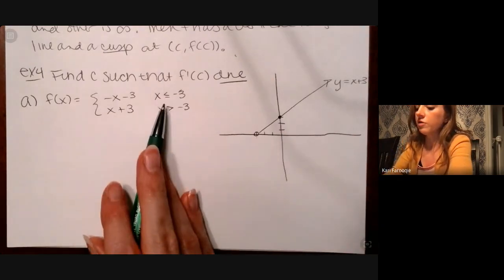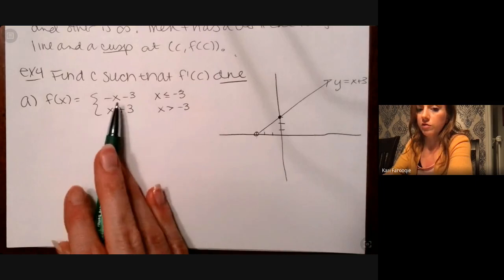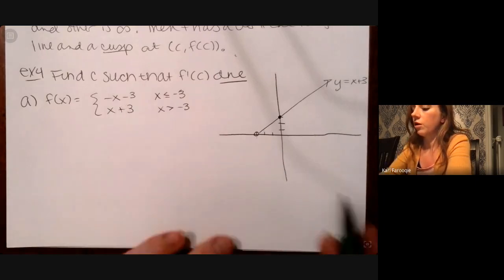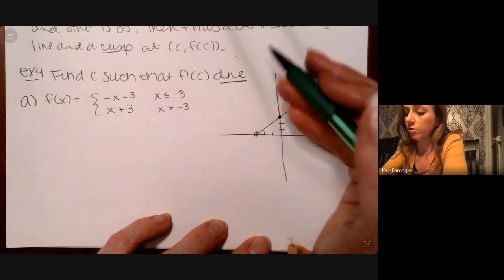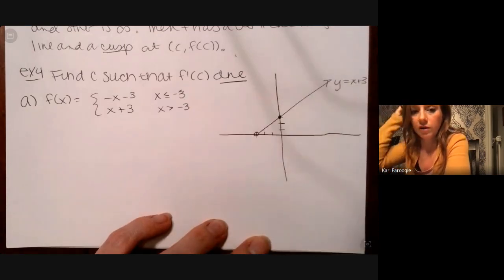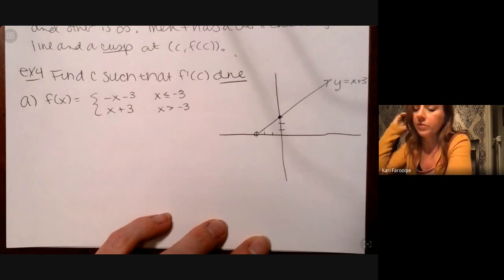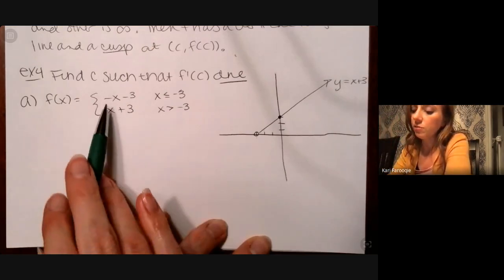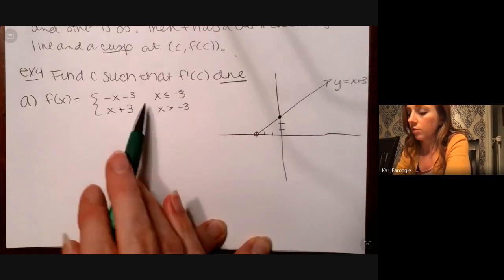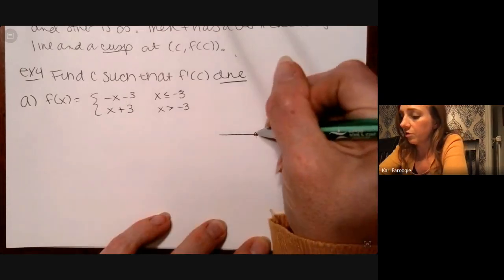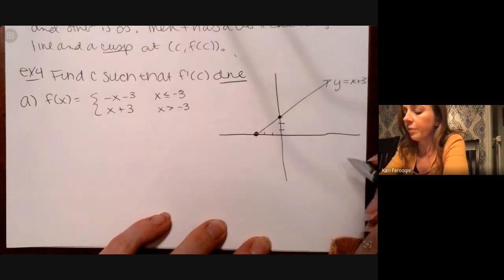If x is less than or equal to negative 3, I'm going to follow this function. If you want, you could just draw the function and then dash it, or you can just use values of x that are less than or equal to negative 3. So if x is equal to negative 3, negative of negative 3 is 3, minus 3 is 0. So you can go ahead and fill that circle in now.